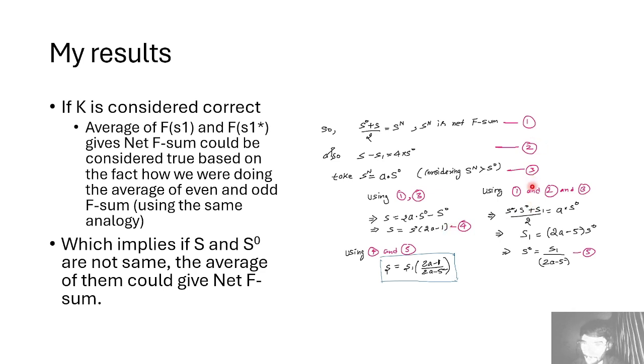And using all of them, you can get the value of S naught, which is S1 divided by (2a minus 5). Now you can substitute the value of S naught into equation 4, so you will get the final sum S equal to S1 times (2a minus 1) divided by (2a minus 5).